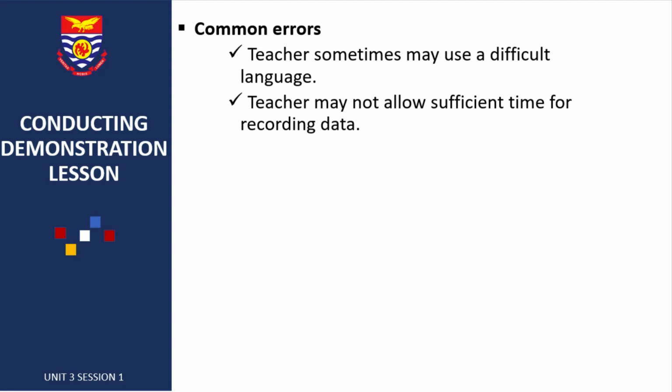The teacher may not allow sufficient time for recording data, especially if you have a number of experiments to do and you are running against time, or you don't have much time on your hands. Then you would be tempted not to allow sufficient time for recording of data. And sometimes you may talk too much, such that the talking alone takes away greater parts of the demonstration. And at the end, you may not even finish, or you may have to rush through certain important parts which you need to do slowly. They are common errors that you are likely to commit.